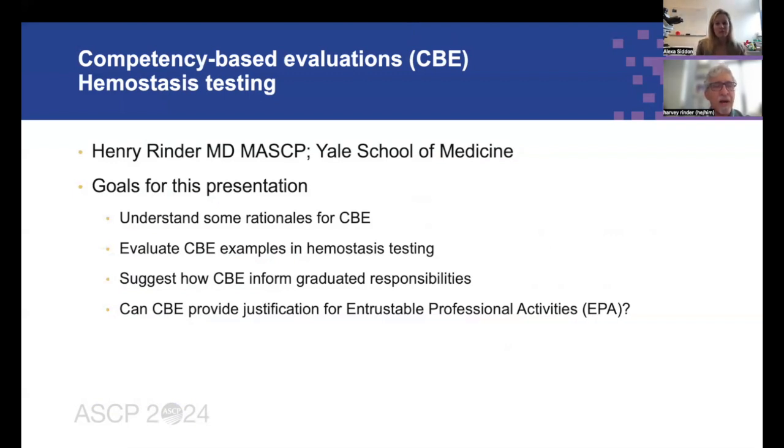So keep that in mind as we go through some of our examples here. And remember, these examples are purely meant to be illustrations of one possible method of handling competency-based evaluations, and are really meant to be a starting point for discussion.